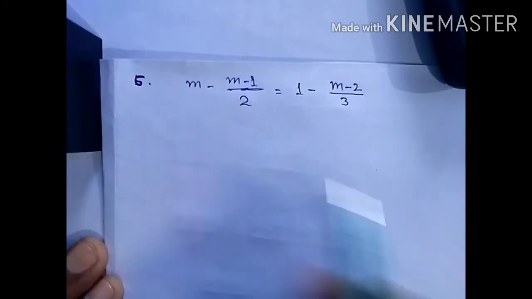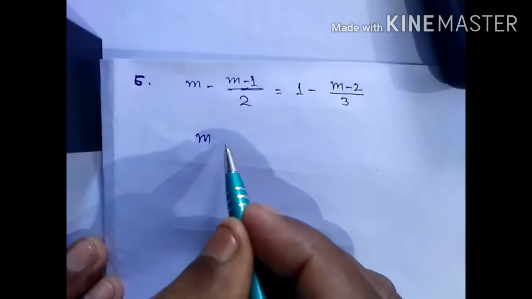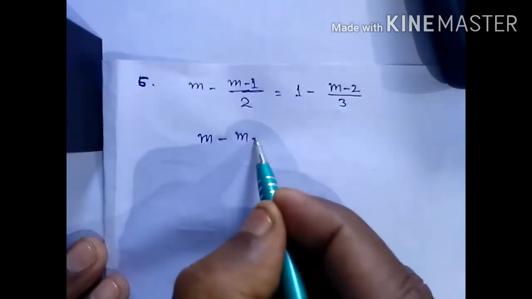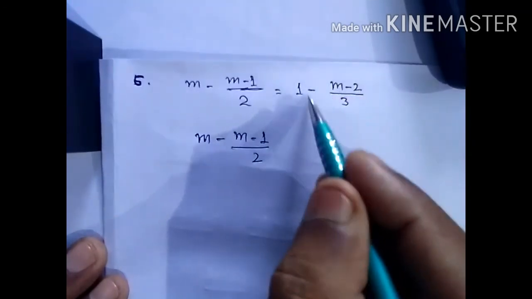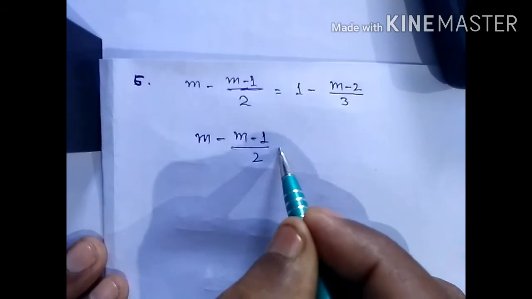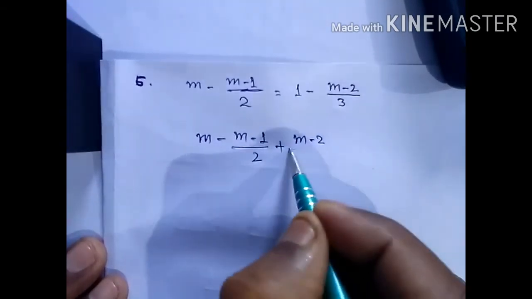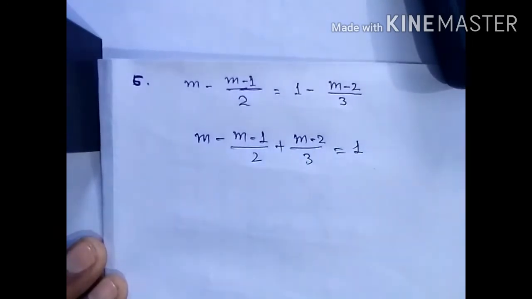So after transposing variables to one side it will be m minus (m minus 1) by 2, this one here minus, so it will be plus (m minus 2) by 3 is equal to 1.